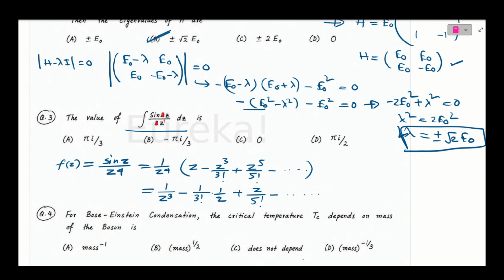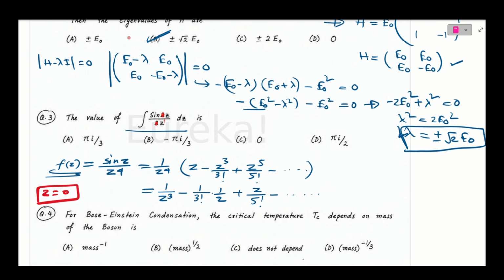So here we have to find the residue of f of z. So what will be the residue here? We know that residue is the coefficient of 1 by z, or the z to the power minus 1 term. Since sin z divided by z to the power 4 has z equals 0 as a pole, that means it is a simple pole.